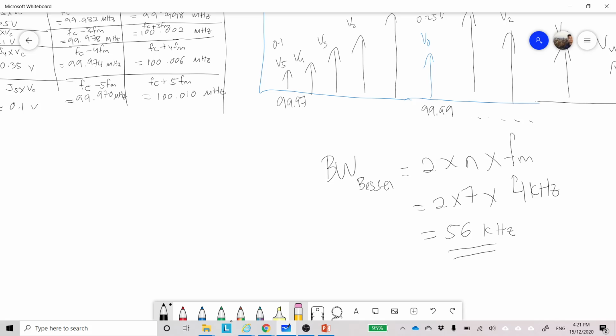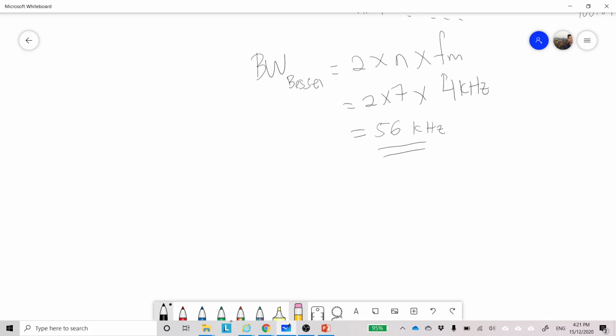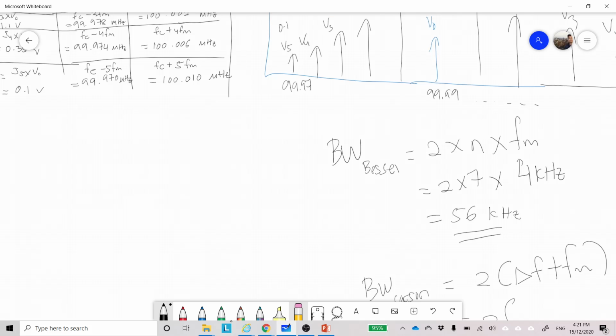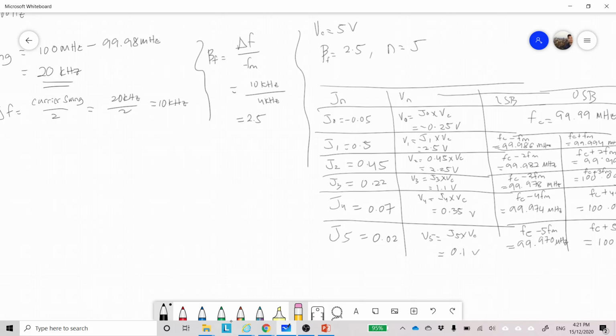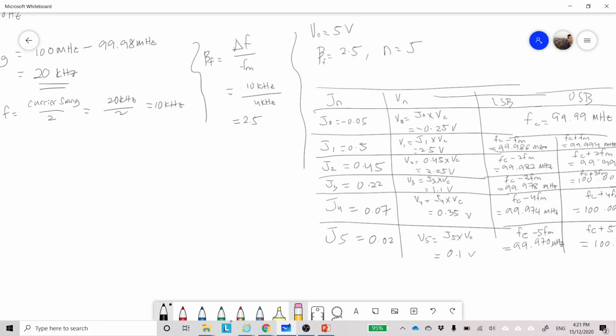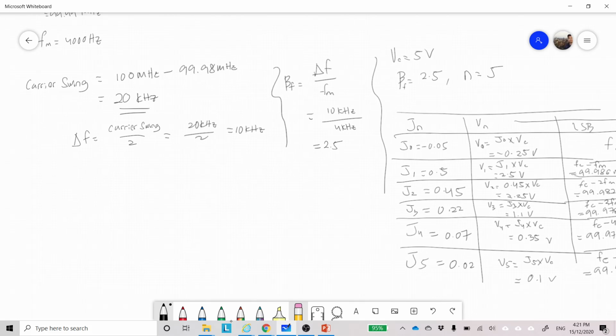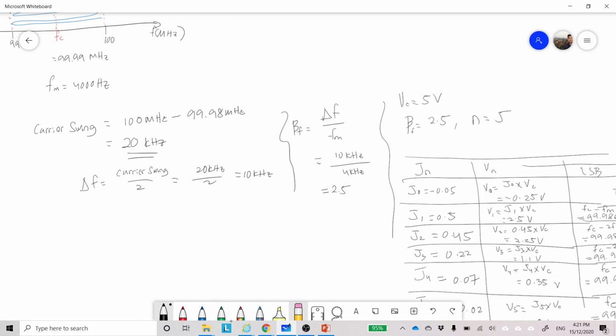So 56 kilohertz. Ini boleh semak betul tak pengiraan ini? Okay. Kemudian bandwidth by Carson. So bandwidth by Carson is equal to 2 times delta F plus Fm. So this is equal to 2 times tadi delta F berapa tadi? Delta F adalah bersamaan dengan 5 kHz.